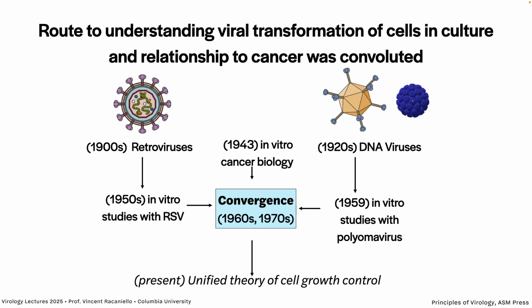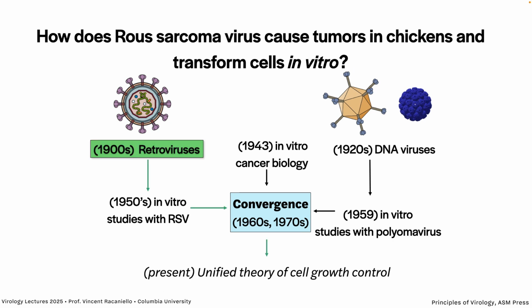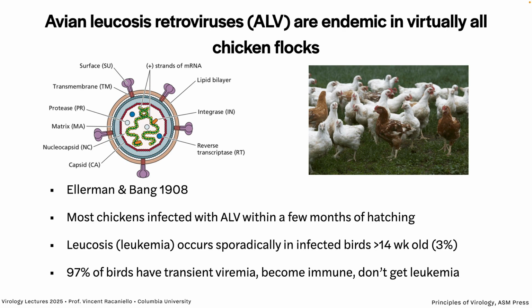It's really quite remarkable. Okay, how does Rous sarcoma virus cause tumors in chickens and transform cells, right? Two independent things. Let's tackle that first. First, what you need to know is that in 1908, two scientists, Ellermann and Bang, had shown that avian leukosis virus causes leukemia in chickens.